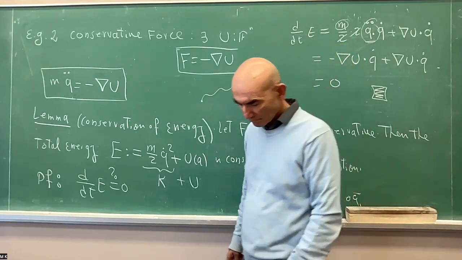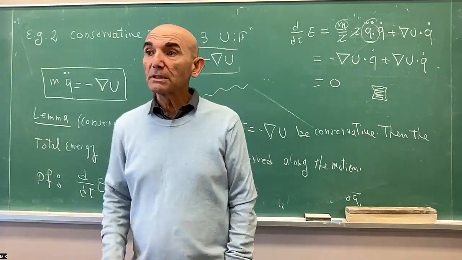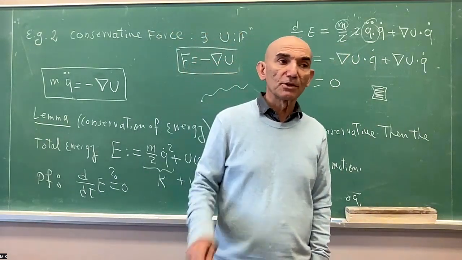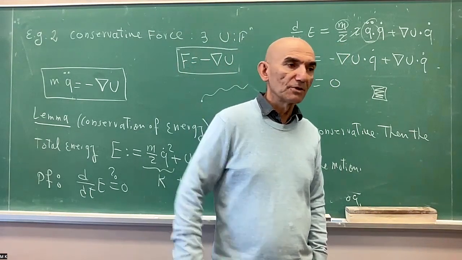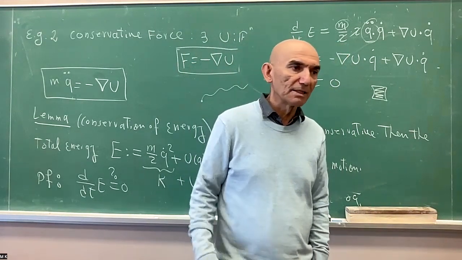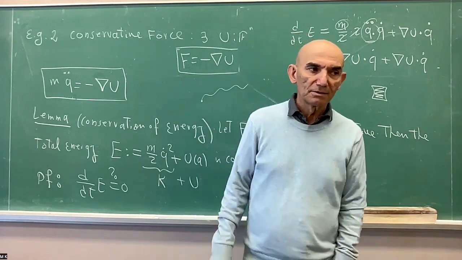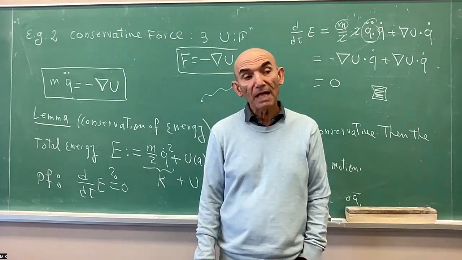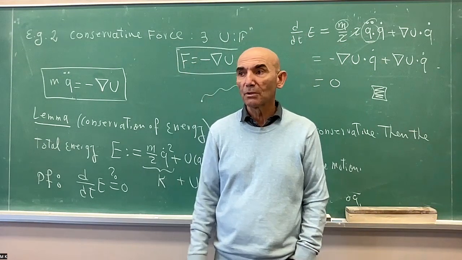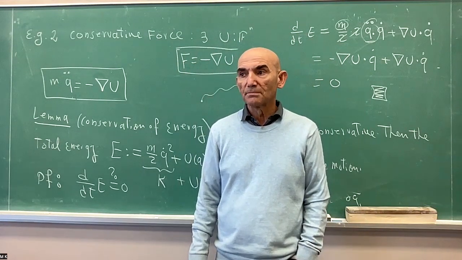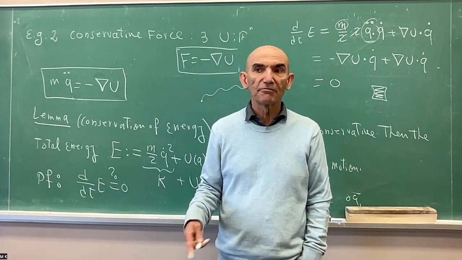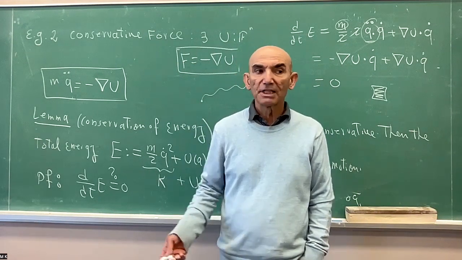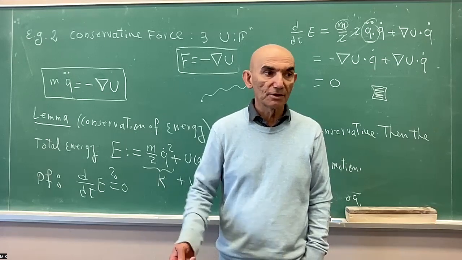What is the case in the converse then? If your field is not conservative, energy is not conserved, typically. I think you can write down almost any example and you see that it would not be. For example, one simple example is when you have dependence on q dot, on friction, then the energy is not conserved. You lose energy constantly.